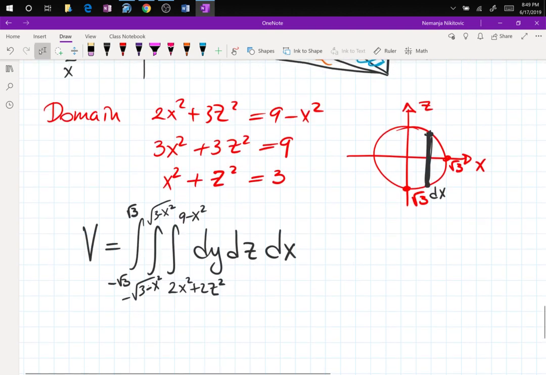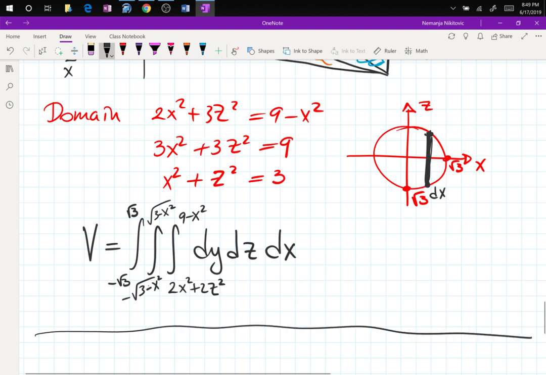So do you all have the limits? We'll set one more up and then we'll go for a break when we come back. Cylindrical and spherical coordinates. Fun stuff.